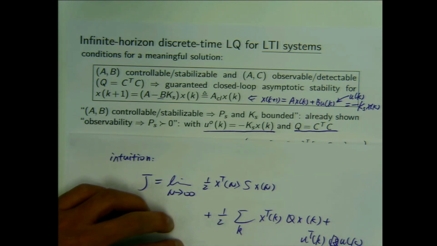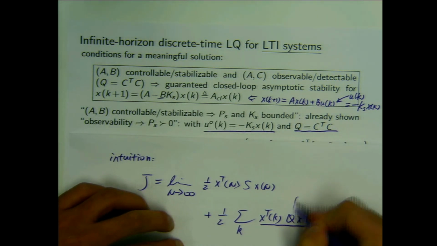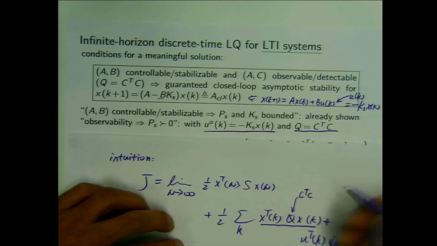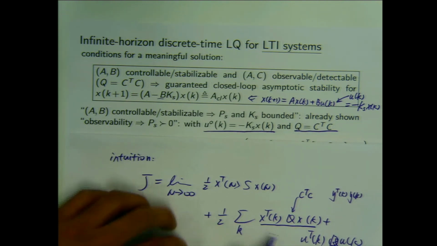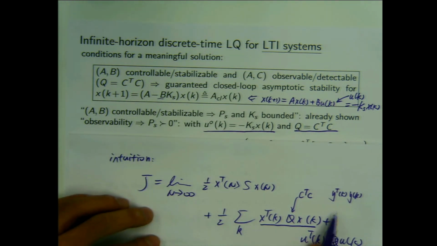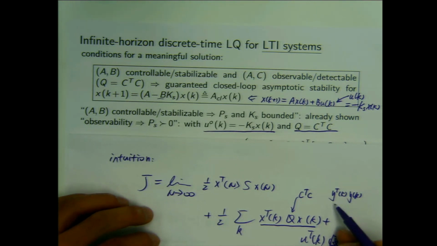The meaning of observability means from the output measurement. I've told you if Q is defined as C transpose C, then this whole term looks like y_k transpose y_k. I have explained to you that if the system is observable, then it's intuitive that we can see how the states are going on from the output.